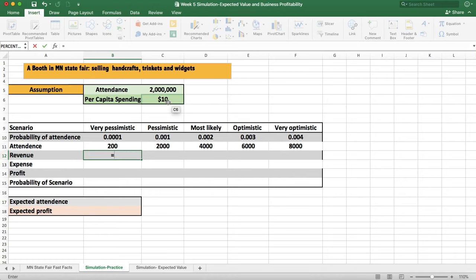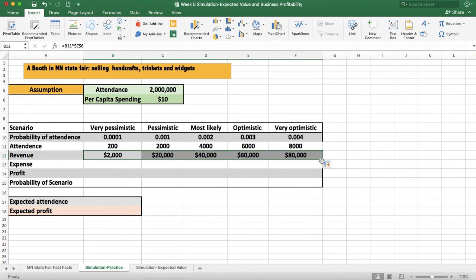So the revenue is 200 times $10, and we made the value 10 an absolute reference. Just press F4, enter, and read over.